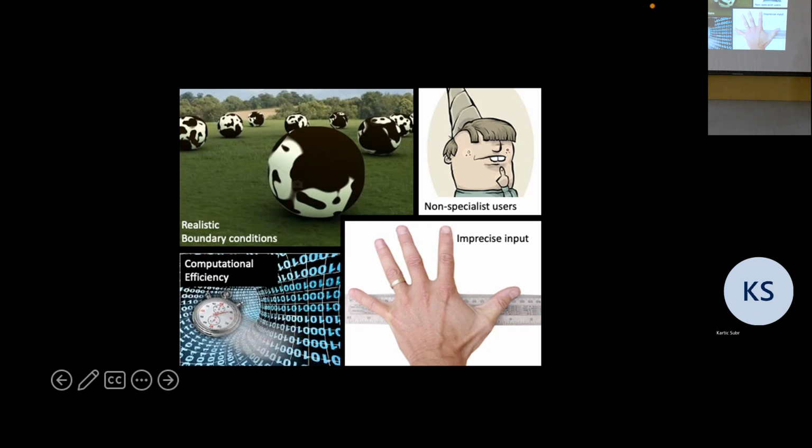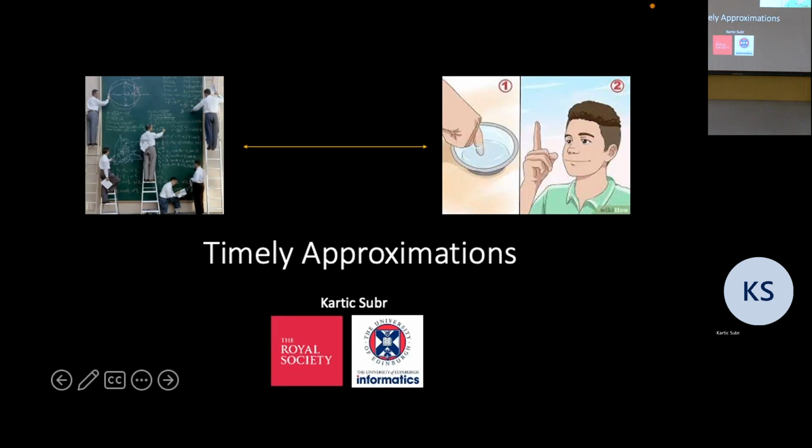And then if you try to solve a Navier-Stokes equation, providing those as boundary conditions, you usually get a very unstable system. So these are some of the reasons why choosing an approximate method is usually valuable in the real world. And the question is, of course, then how do you design your approximation? So my group looks at timely approximations. This is going to be the topic of my talk today.